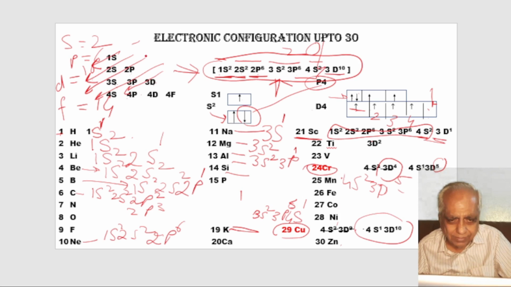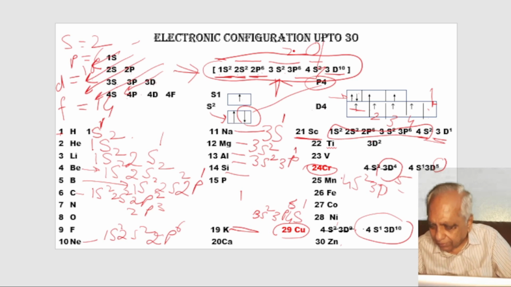For writing this, I have given you this hint. This should be in the rough work. First orbit 2, second orbit s is 2, p is 6, third orbit s is 2, p is 6, 8, then fourth orbit s is 2 and then the third orbit gets filled up, 3d10. It's very simple. Is it all right?